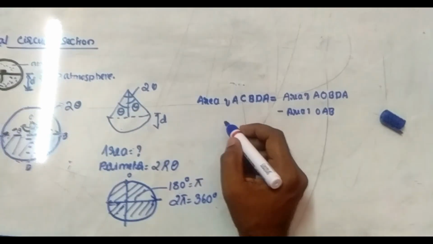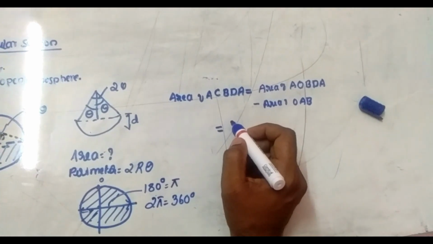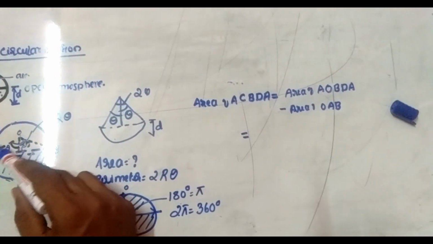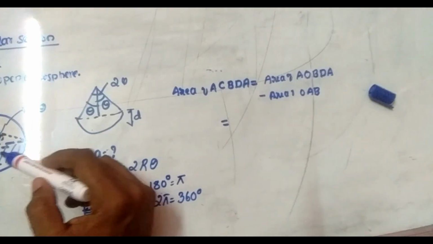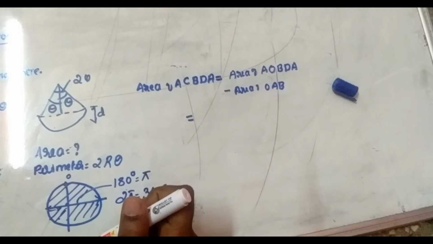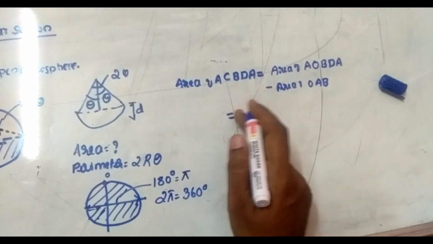So how can we write the area of AOBD? How can we get that area? We need to calculate this part.